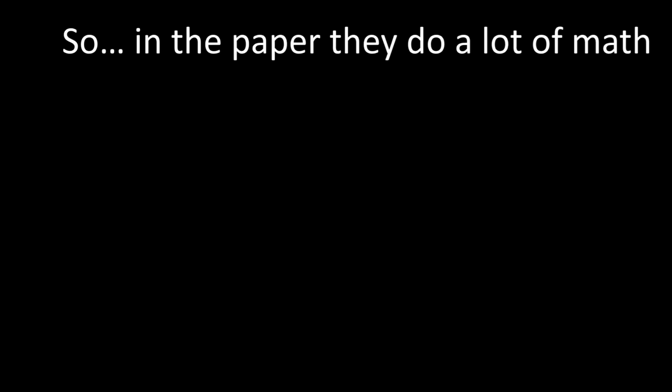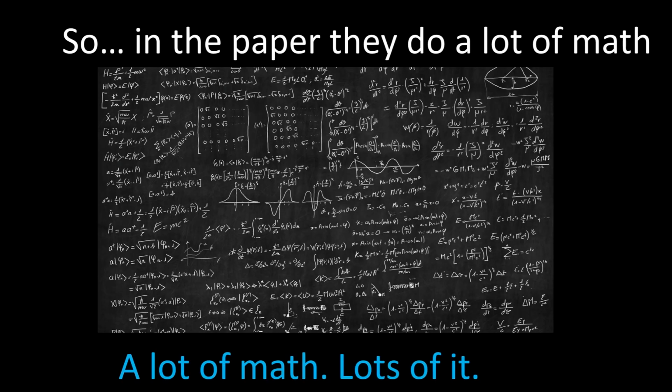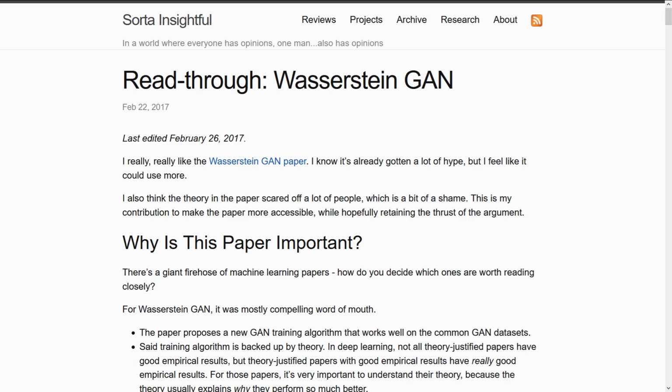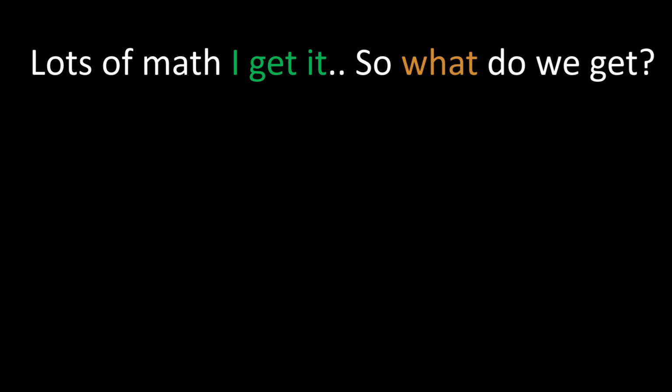So, in the paper, they do a lot of math, like really a lot of math. And if you want to get more into the theory and the math behind WGAN, I recommend first reading through this blog post by Alex Irpan, which was insightful, and then you can go through the paper.